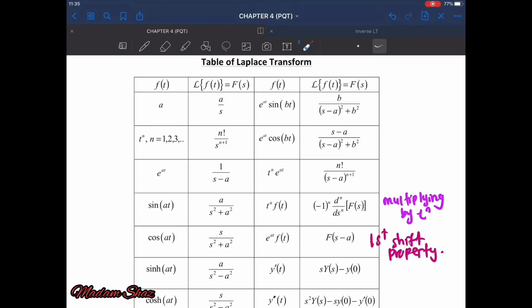Let's say our F(s) is equal to a over s squared plus a squared, so our f(t) will become sine of at. The same concept applies for table column 3 and column 4: the answer will move from column 4 to column 3. I will explain later how to use this table by using the examples.